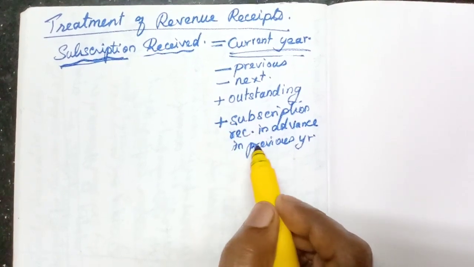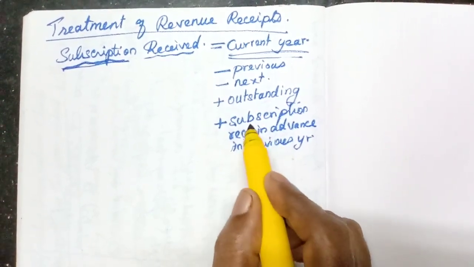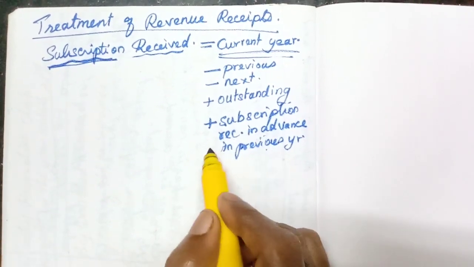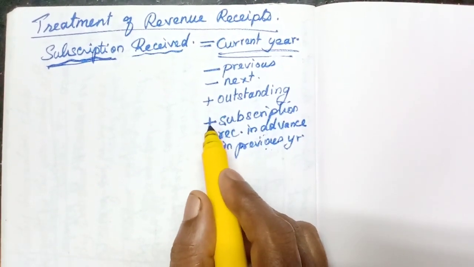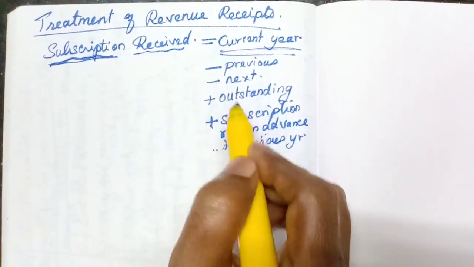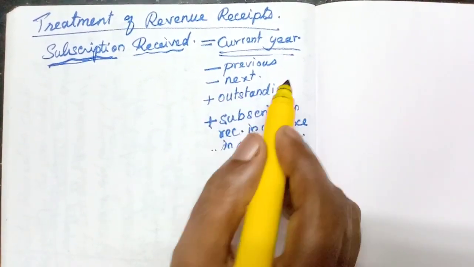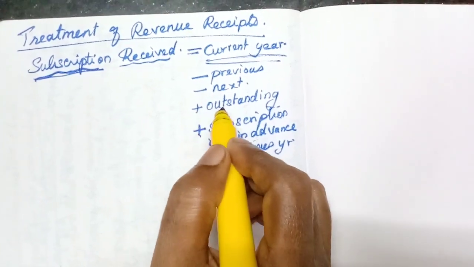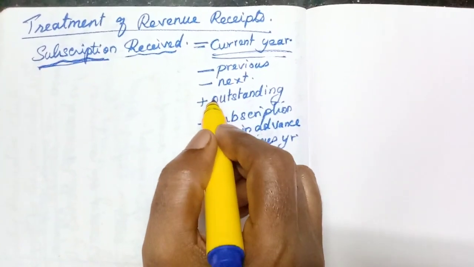You might have understood the last one. This subscription they received in advance, that means they received it last year, but it is related to which year? The current year. So we are adding that one. This year's outstanding subscription, which we need to receive, should be added.